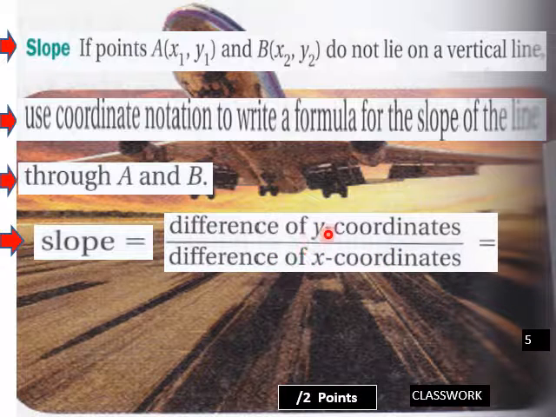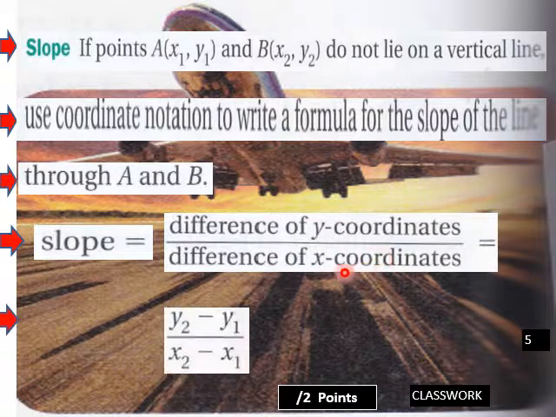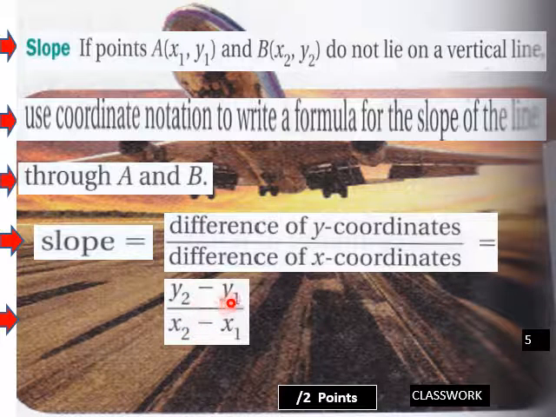So slope is always rise over run. In this case, y2 minus y1 is our difference in rise, and x2 minus x1 is our difference in run.